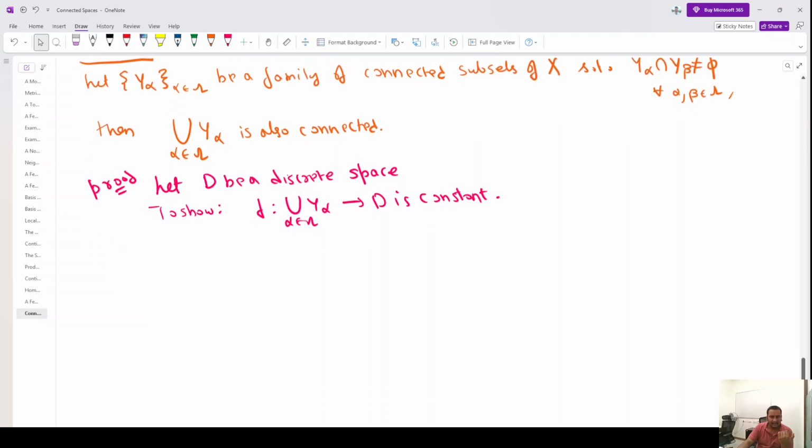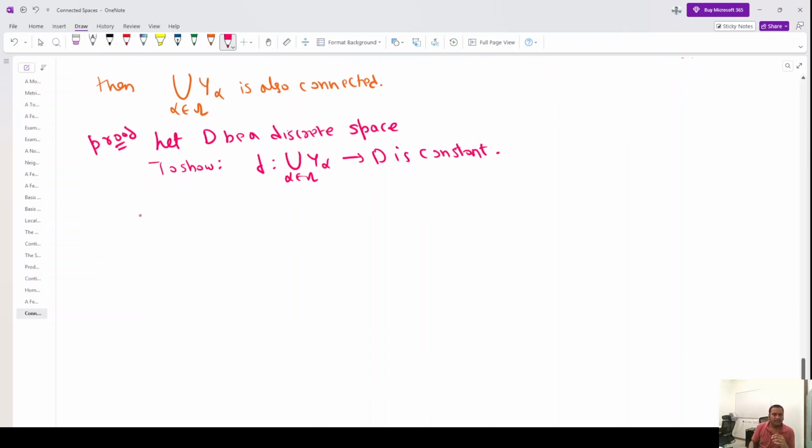So let us see. So note that f restricted to Y_alpha, just this set, will be from Y_alpha to D. Okay, to show this is constant. I remember I have given you an exercise: show that the restriction of a continuous function is continuous.